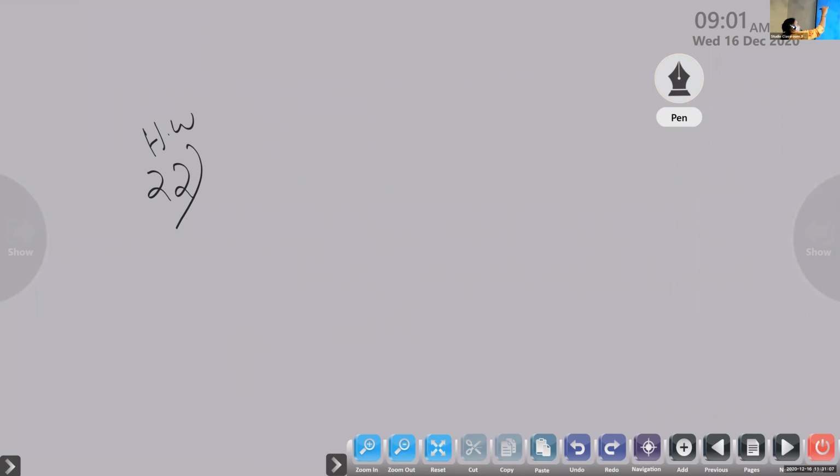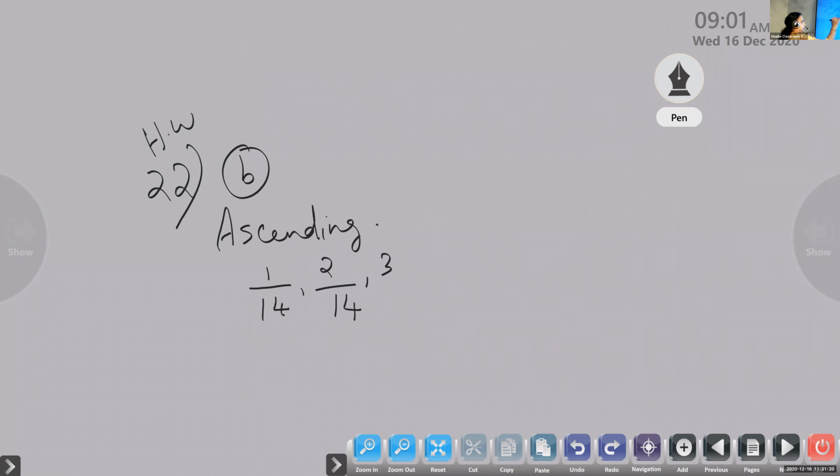Please check whether your answer is correct or not. Ascending order: what do you have to write here? 1 by 14, 2 by 14, 3 by 14, then we have 4, 5, 8 and 11 by 14.